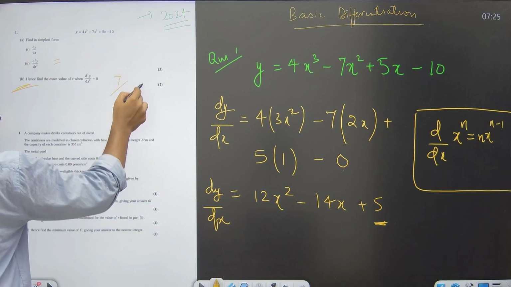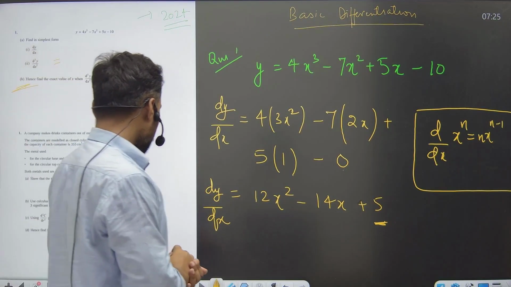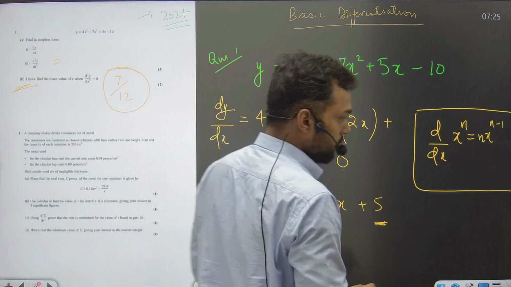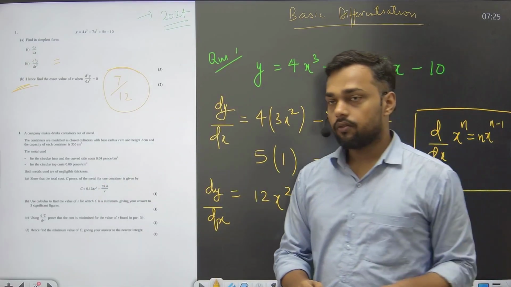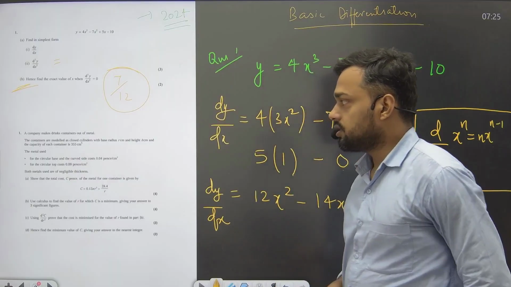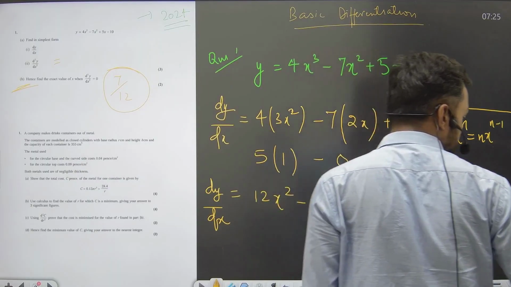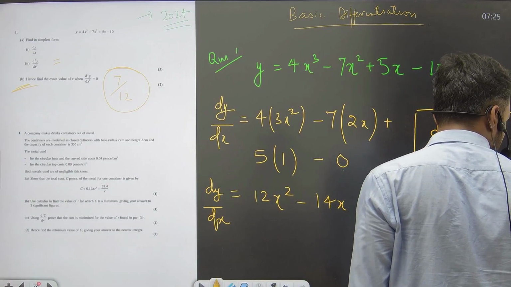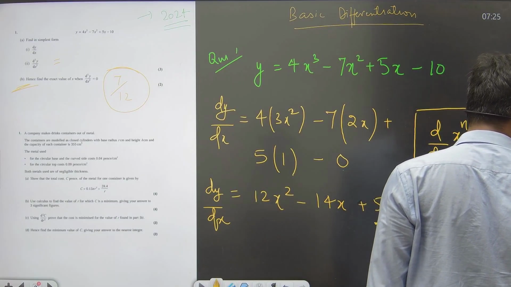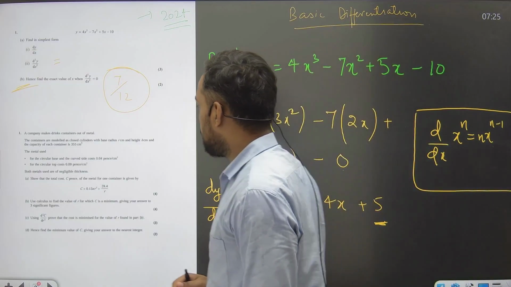Now the next question, students, is that a company makes drinks containers out of metal. The containers are modeled as closed cylinders with base radius r and height h centimeters.